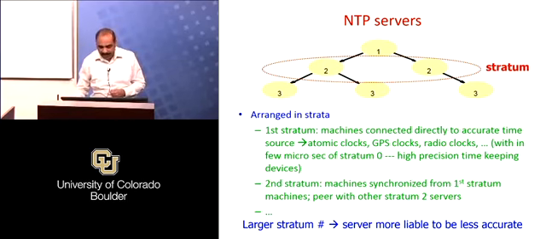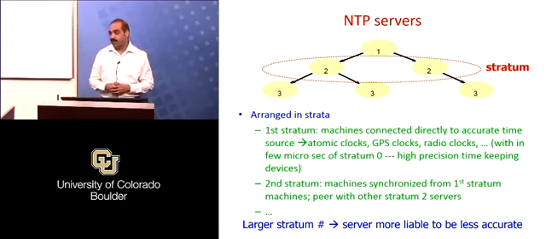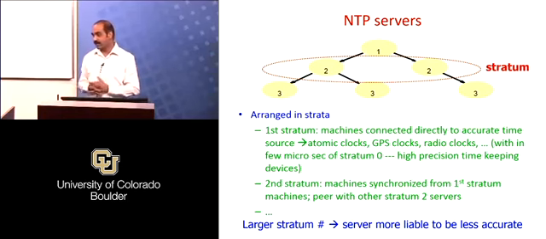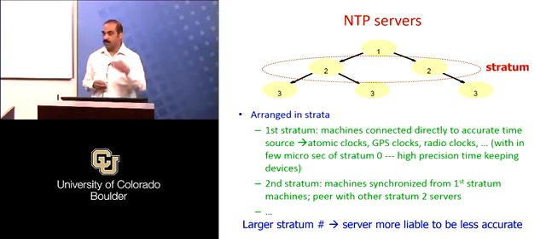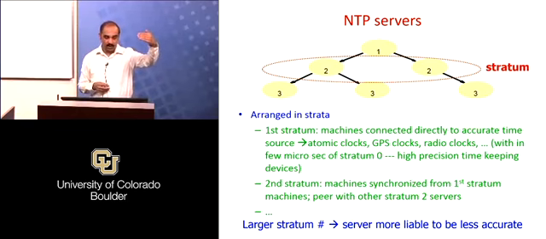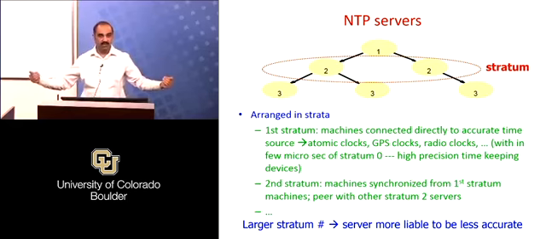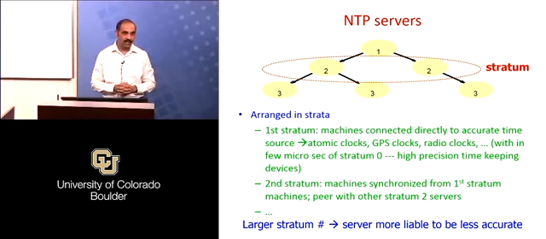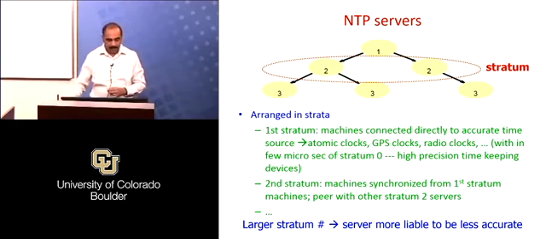The other thing that I have not shown here is that these servers actually do peer-to-peer connections with one another also, okay, and the specification says this is a sanity check. Like, if you're synchronizing with the stratum 1 servers, your clock is supposed to be this, so you check with your peers in the same stratum to make sure that indeed that is the case. Okay.